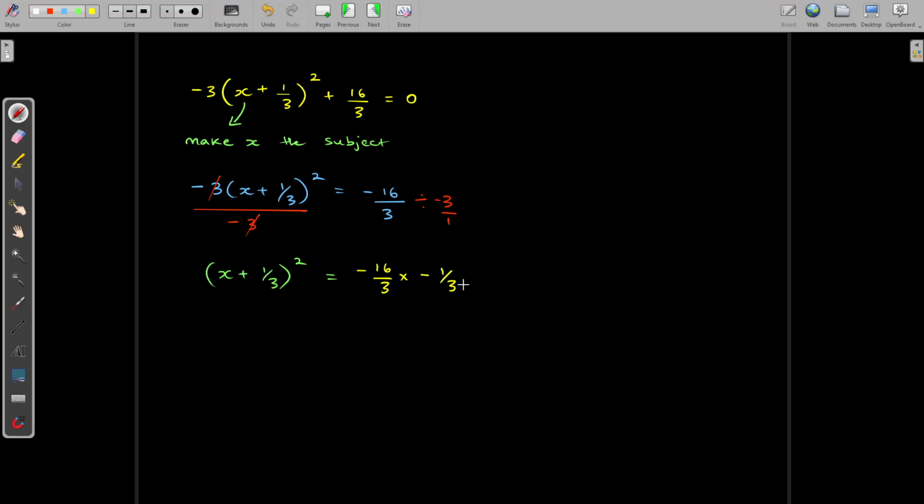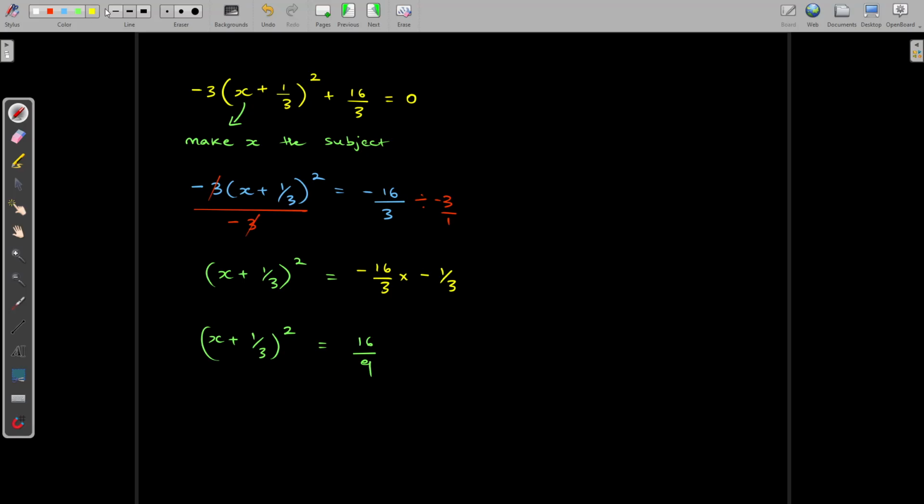So now all we're doing is just multiplying across. So what we'll have in the next line is x plus 1 over 3 all squared is equal to 16 over 9. The negatives will give us back a positive.